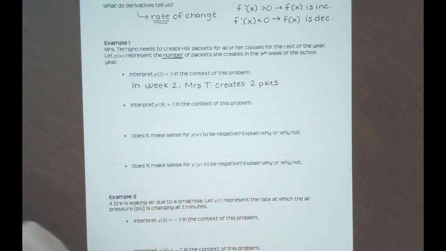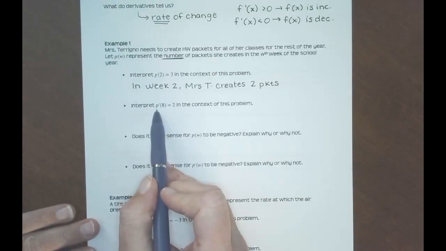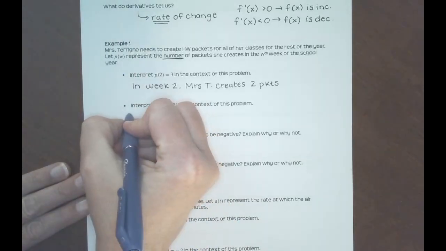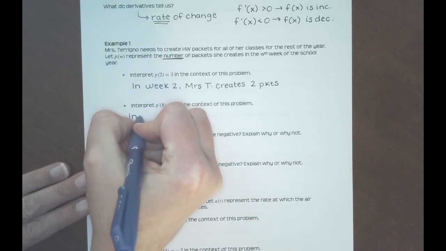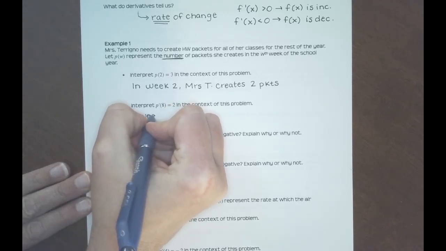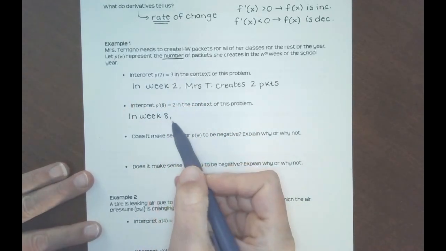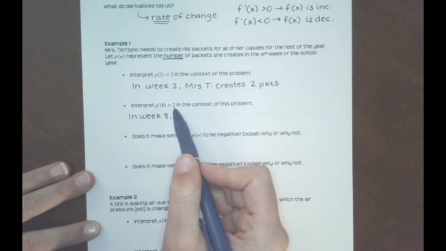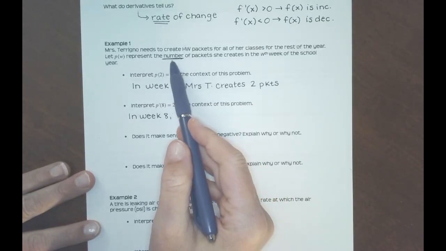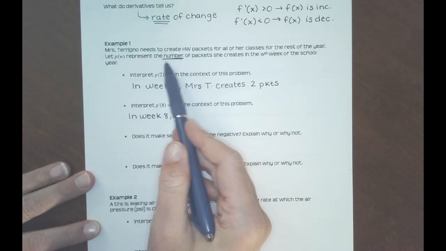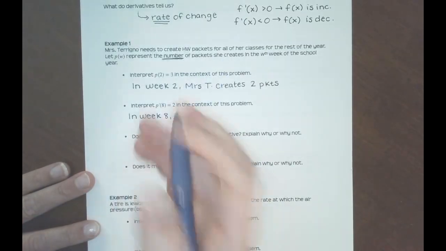But now let's talk about what the derivative would mean in this situation. So P prime of 8. Let's start the same way. This is talking about week 8. So in week 8, the derivative is always talking about how this thing is changing. It's the rate of change of whatever the function is designed to talk about.